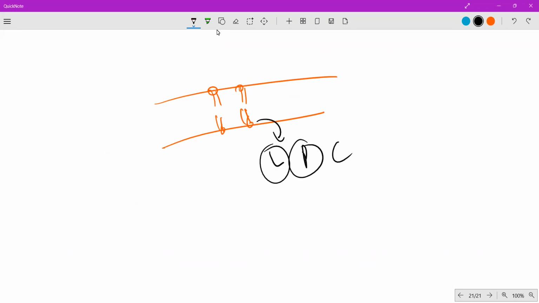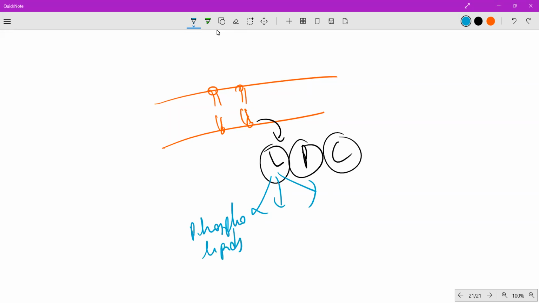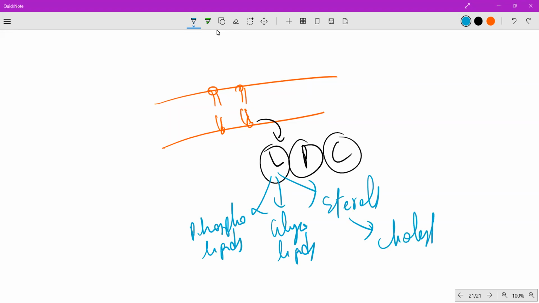Among the lipids, we have phospholipids, we have glycolipids also, and we also have sterols, meaning cholesterol. So a normal plasma membrane has cholesterol. This is a normal feature.